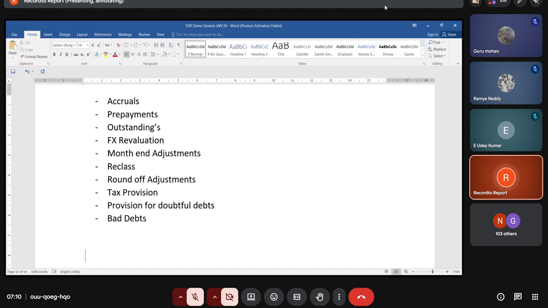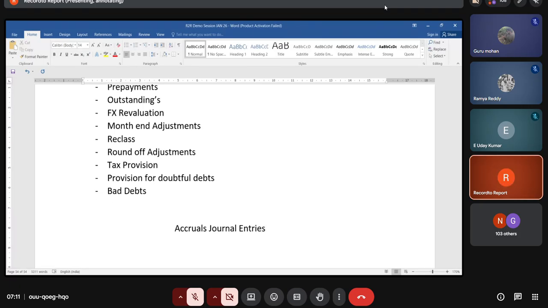First we will discuss the accrual journal entries. Before that, while explaining the accounting concepts, I told you the meaning of the accrual concept of accounting.